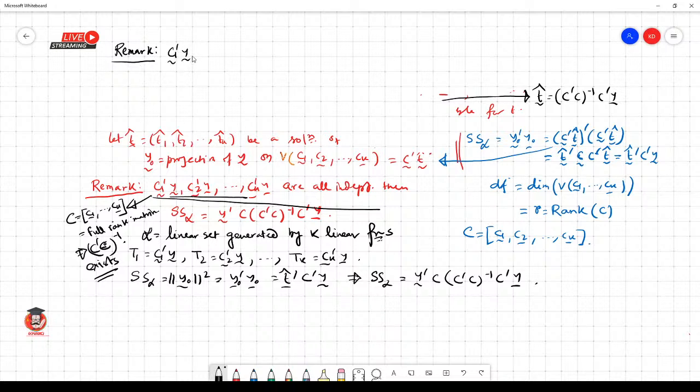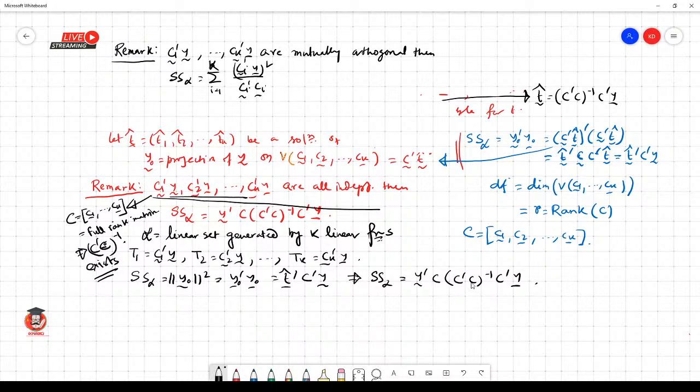C1 curl prime y curl, ..., Ck curl prime y curl are mutually orthogonal. Then SS script L equal to sum over i from 1 to k of (Ci curl prime y curl) whole square over Ci curl prime Ci curl.